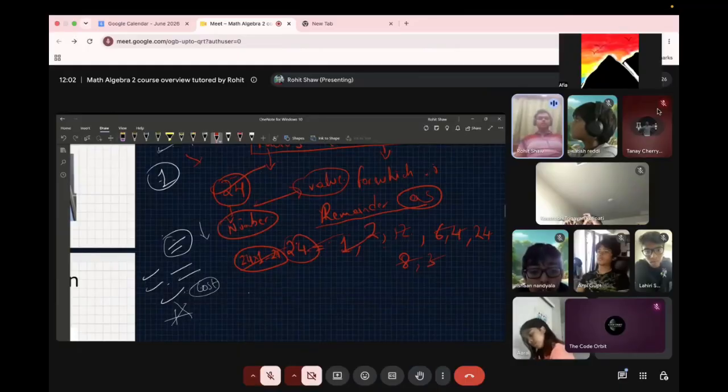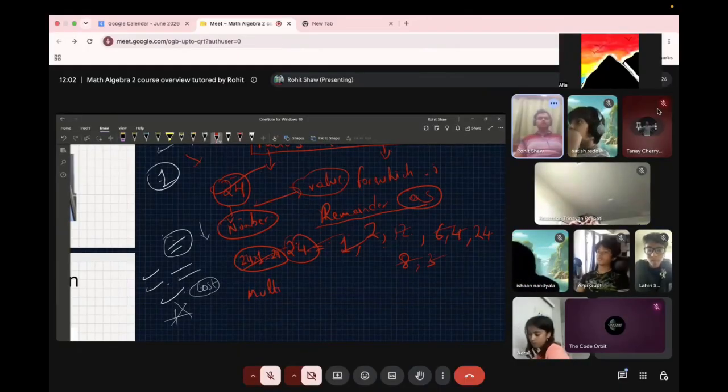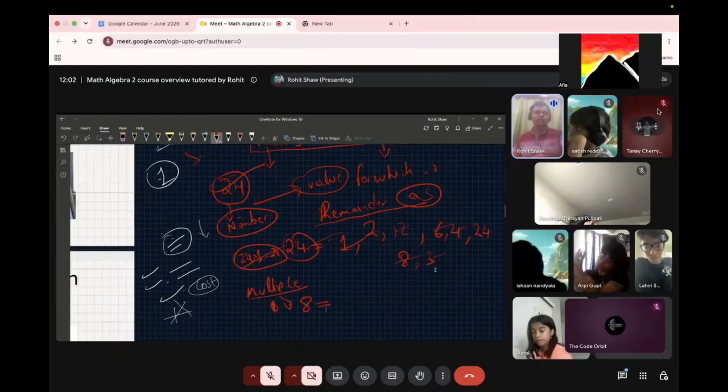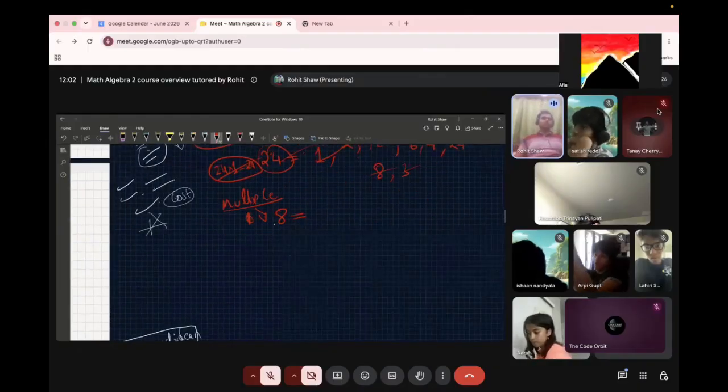Multiples. Now let's do multiples. So what are multiples? I'll say the bookish definition. A multiple of a number is formed by multiplying the number with an integer.